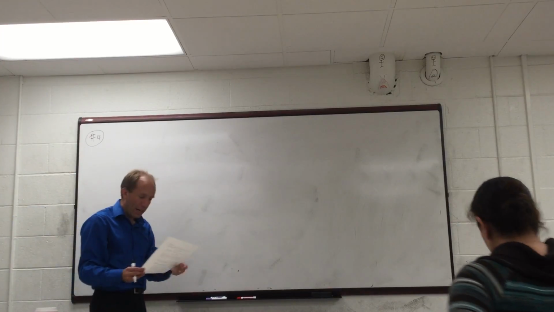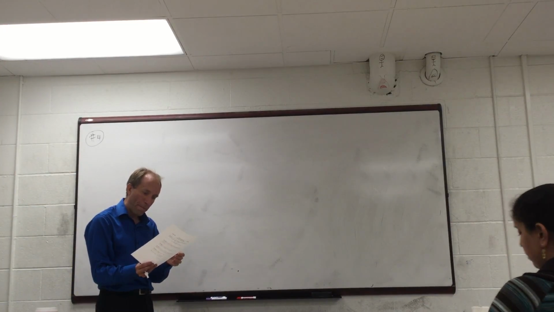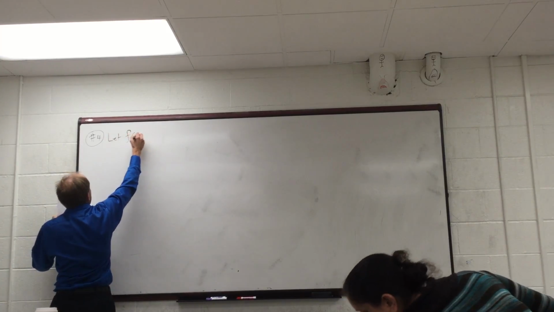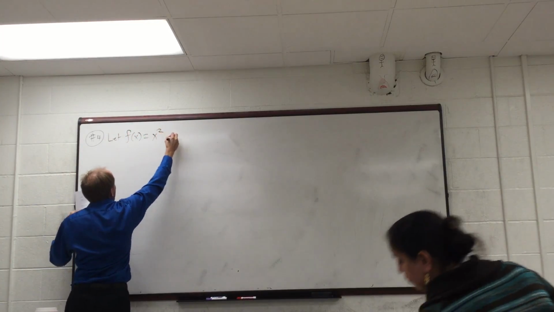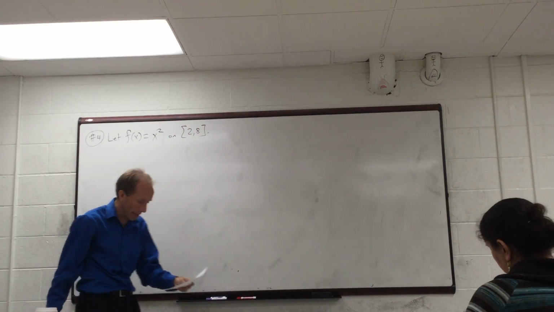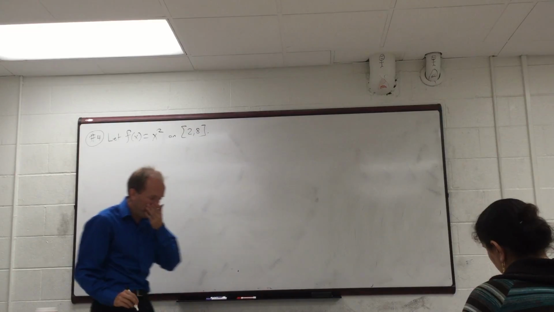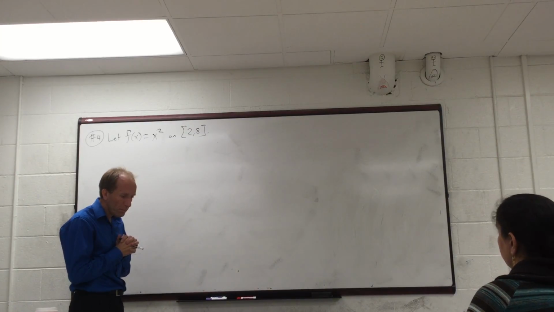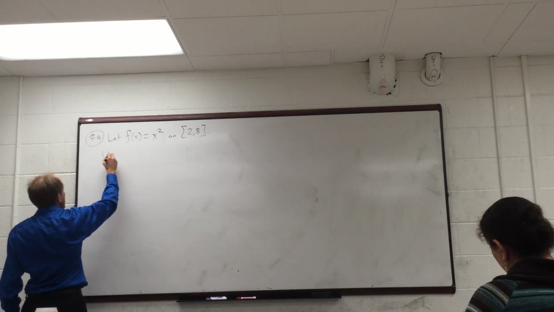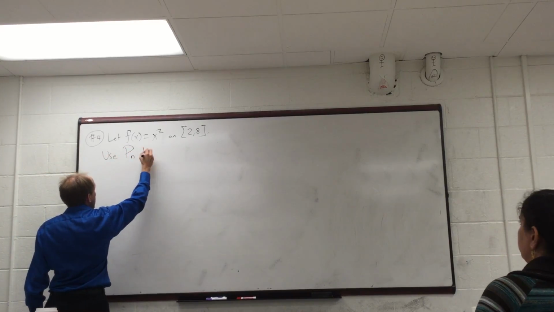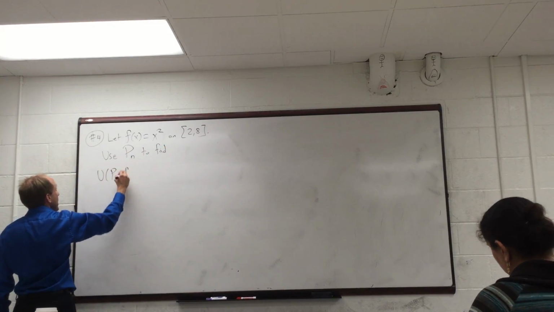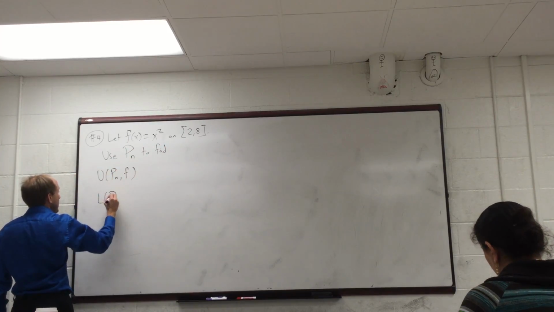Okay, so for number 4 here, let f of x equal x squared on the closed interval from 2 to 8. Just making this up. And then they want you to use the PN partition. So use PN to find U of PNF and L of PNF.